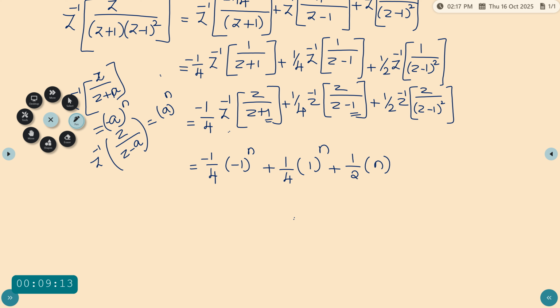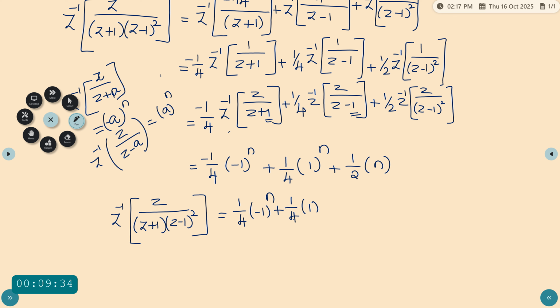So this is the final answer. We are getting the final answer: Z inverse of Z divided by Z plus 1 Z minus 1 the whole square, which is equal to 1 by 4 into minus 1 power n plus 1 by 4 into 1 power n plus 1 by 2 into n. Thank you.